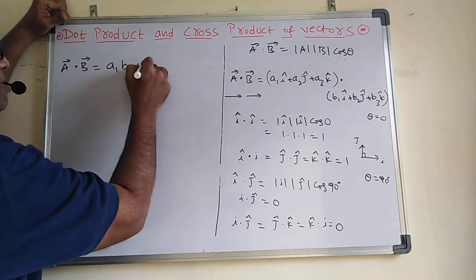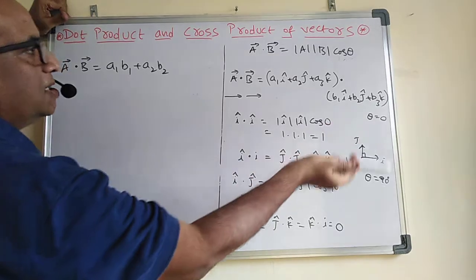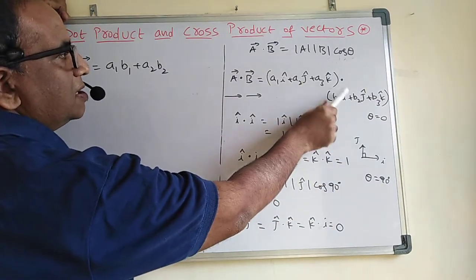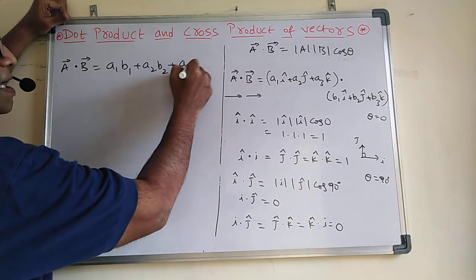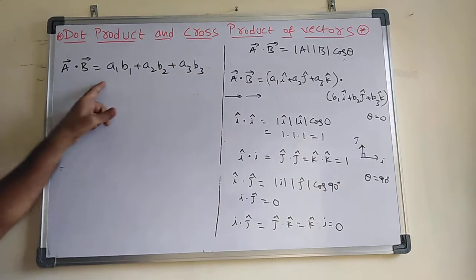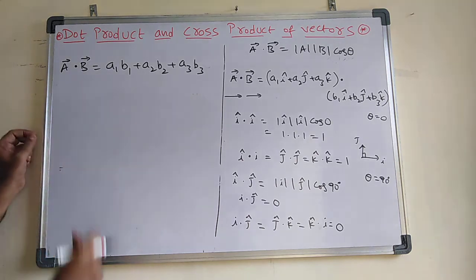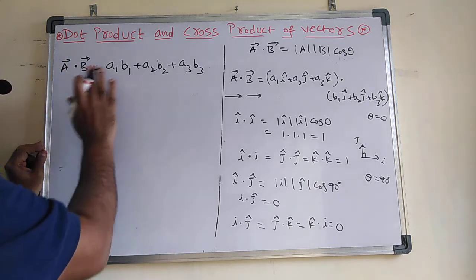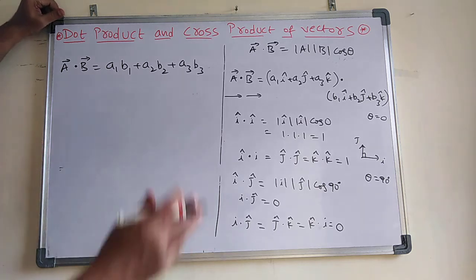Therefore you will get A2 B2. Then k dot k, sorry, k dot k is 1, but k dot i is 0, k dot j 0. Therefore you will get A3 B3. Is there any direction you got here? No direction. So the dot product of two vectors is a scalar quantity.